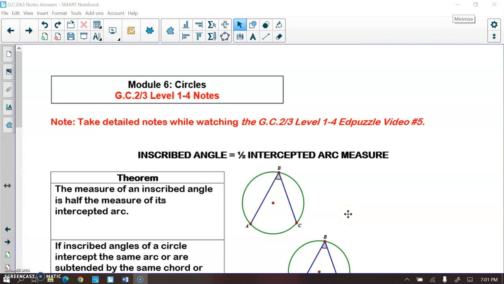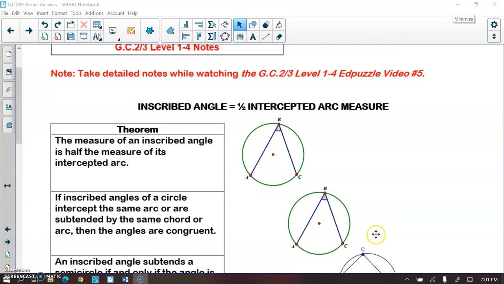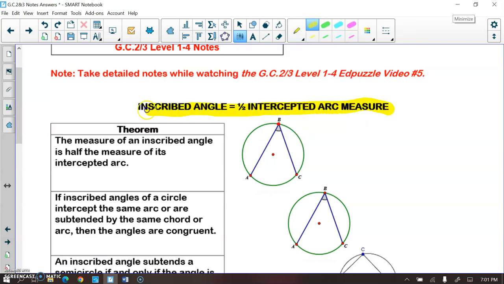Okay, so we talked about a central angle being equal to the arc that it intercepts. An inscribed angle, remember, is created when the vertex is on the circle, and the inscribed angle is half the intercepted arc. This is probably a formula that you should highlight.